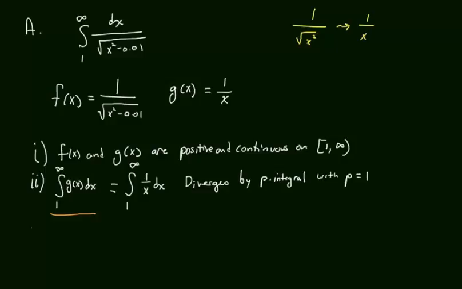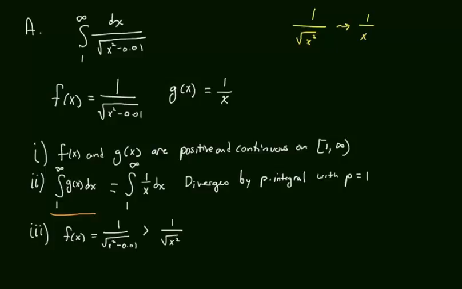And then in step 3, the goal is to show that our f of x is bigger than the g of x. If we can do that, we'll show that the integral of f diverges also. So now my f of x, which equals 1 over the square root of x squared minus 0.01, is going to be certainly bigger than 1 over the square root of x squared.